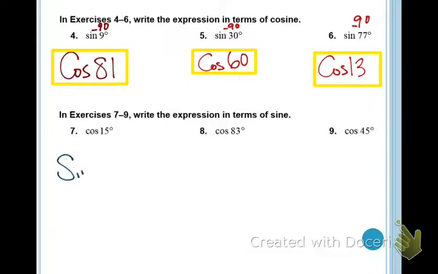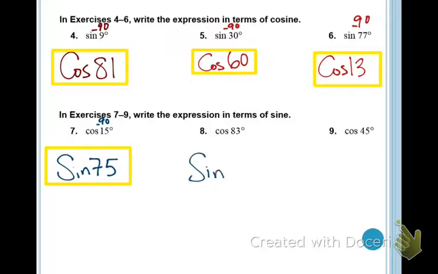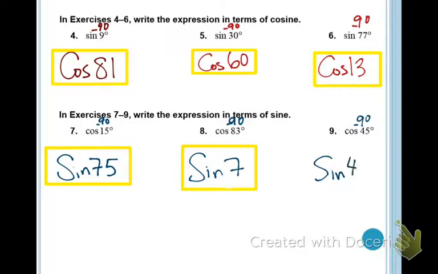So this time we're going to write sine. 90 minus 15 is 75. Sine 90 minus 83 is 7. And then last, sine of 90 minus 45 is 45. Ta-da!